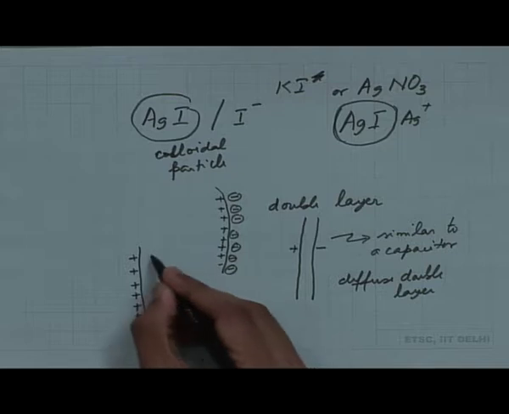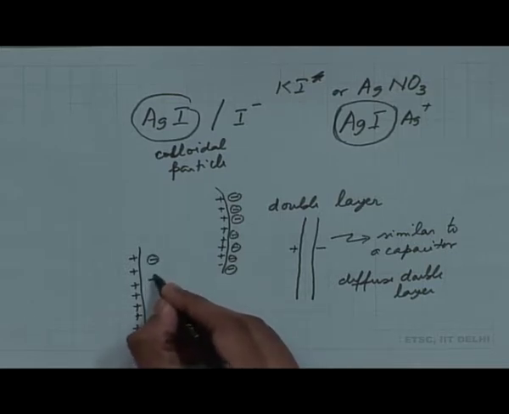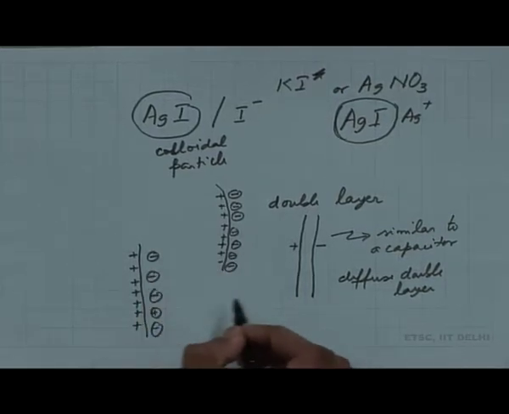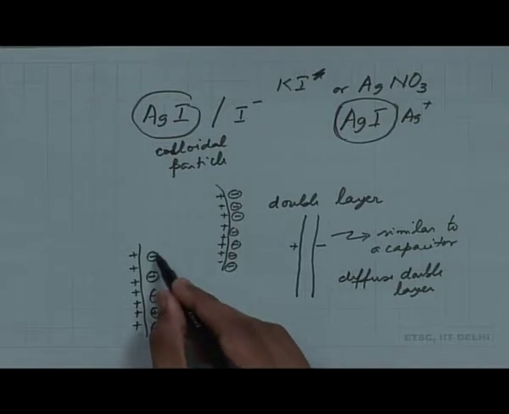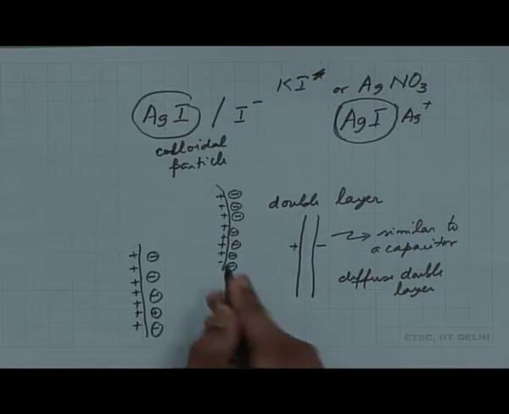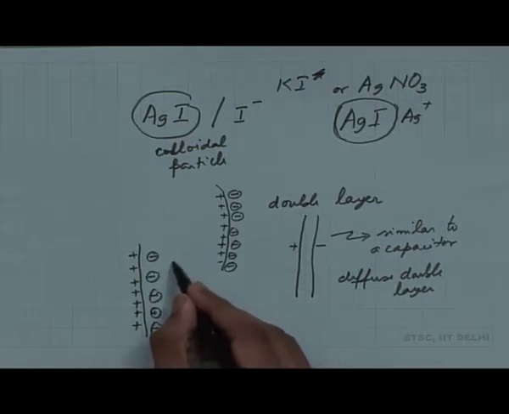On the other side, you do not have negatives all over the place. Because of diffusion of the solvent, you are going to see that it is not all negatively charged. There is also some positive charge because the ionic species will diffuse, and then across this you will see a diffusion.